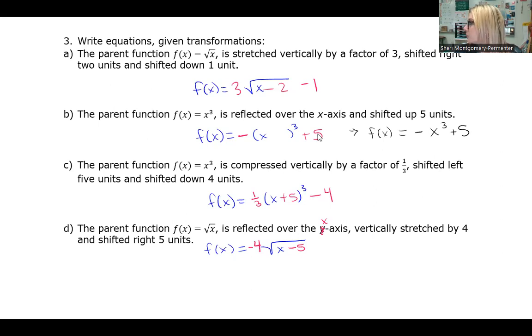So I just left myself placeholders. I probably should have written this as stretched. I'm not going to have you graph it. I just need you to know where it goes. If it's stretched or compressed, it goes right in front. That's where it goes. That's what I want you to know.